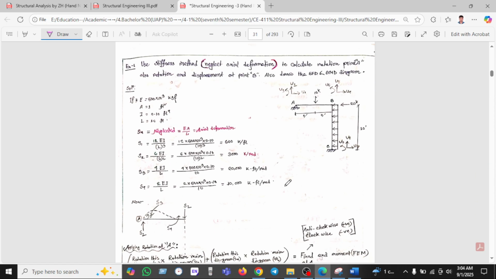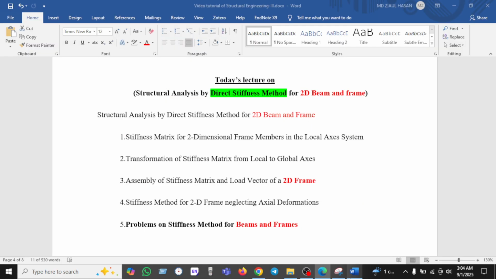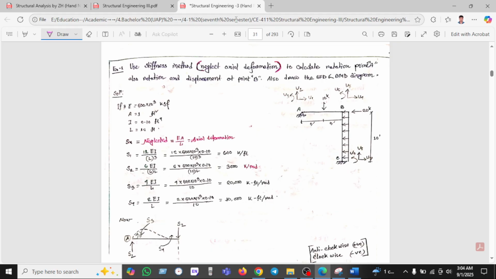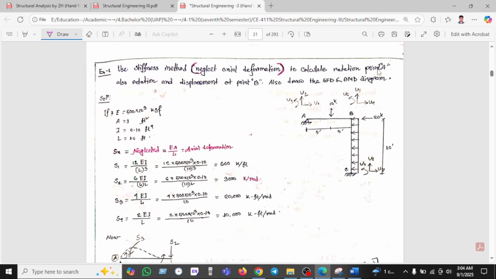Okay, now see here another stiffness matrix method for a 2D frame, neglecting axial deformation. So now we can neglect the axial deformation. We use the stiffness matrix for neglecting axial deformation to calculate the rotation displacement at point A, this is point A, and also at point B, this is point B, and draw the SFD and BMD diagram.